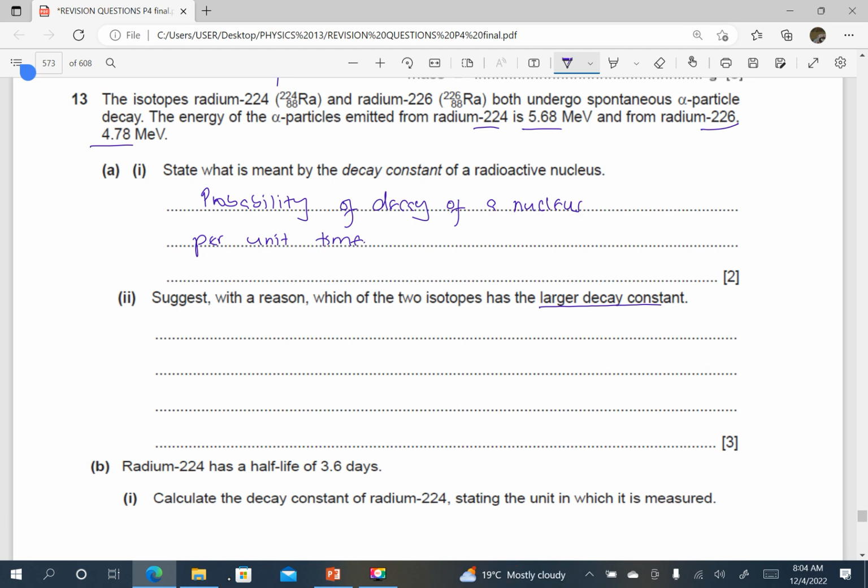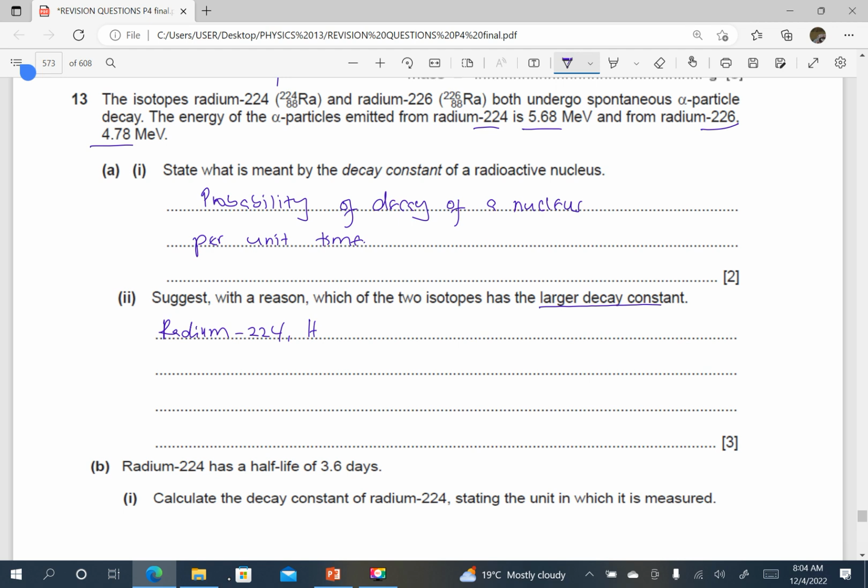Therefore, we can simply see that radium-224 has a greater decay constant. The reason or the explanation is very simple.